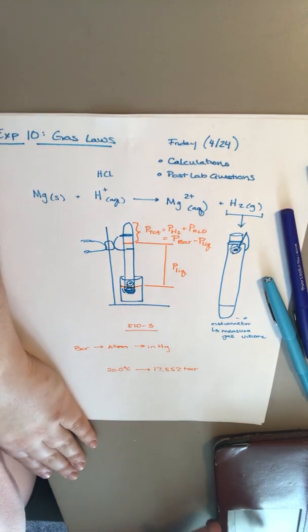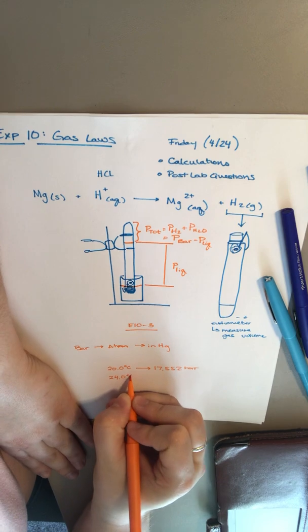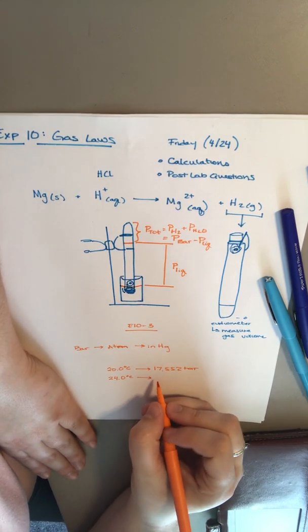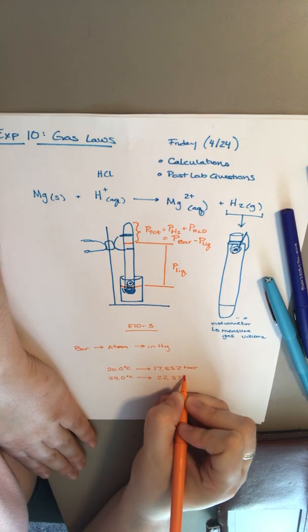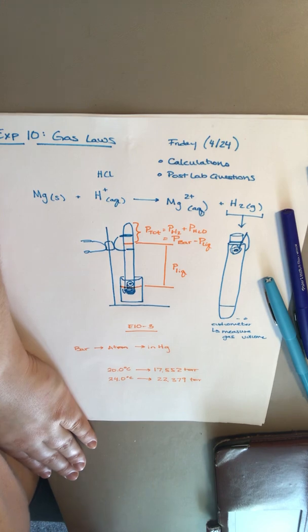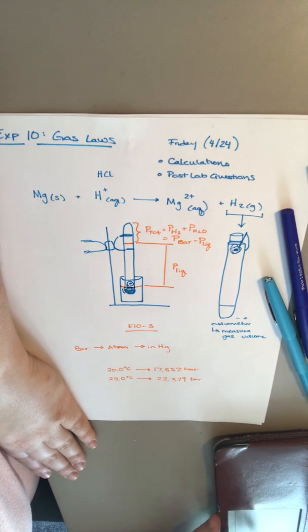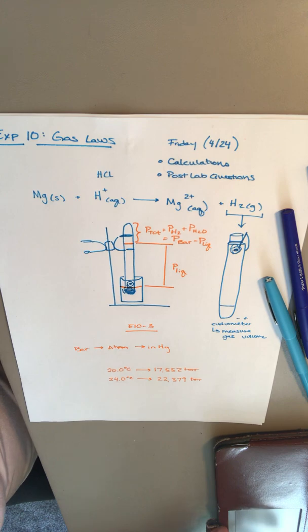And if we go up to, let's say, 24 degrees Celsius, so that's a 4-degree difference, 22.379 torr. So there is a small difference on this temperature change, but just keep that in mind as you go through this. That is all I have for you guys for the actual pre-lab chat. I'm going to get into a little more of the nitty-gritty and go through the calculations in your next video.